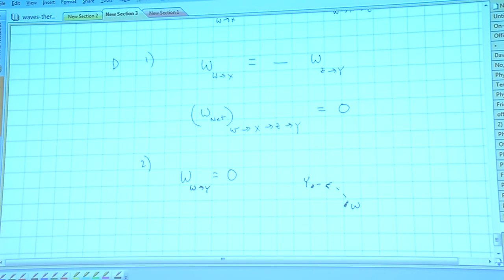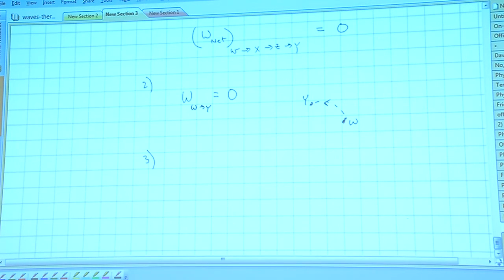And for part 3, instead of taking the arced path, we're going to go from a straight line from W to Y. The work done by the field on the particle is 0 again.